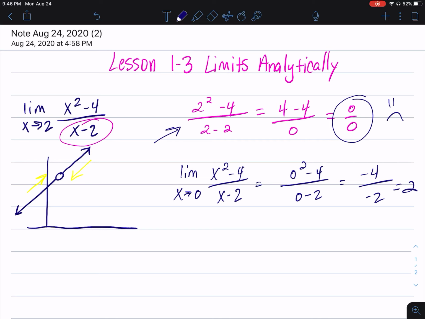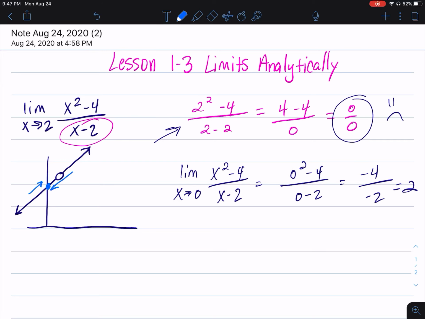And so if we look here, as my graph is trending to 0, okay, so as I'm approaching 0 from the left and from the right, I'm actually going to get a point right there. There's no hole there. There's a point right there. And so the actual value of f of 0 is going to be the same thing as the limit there.